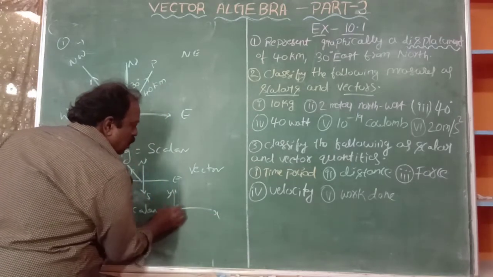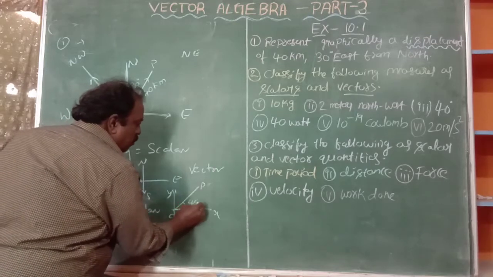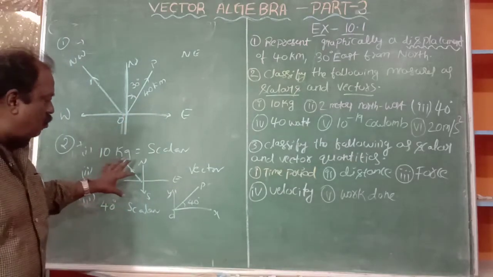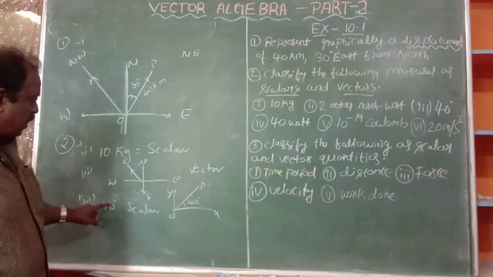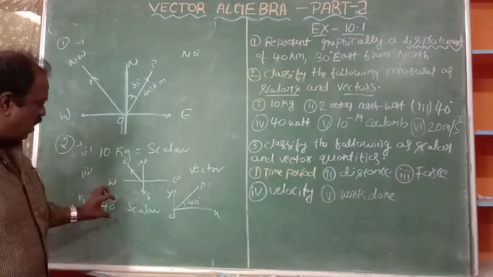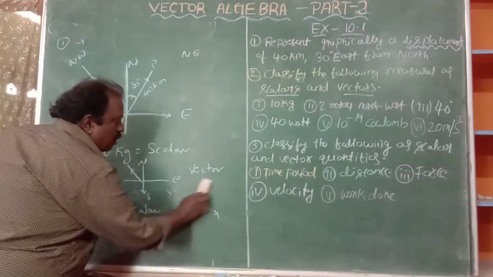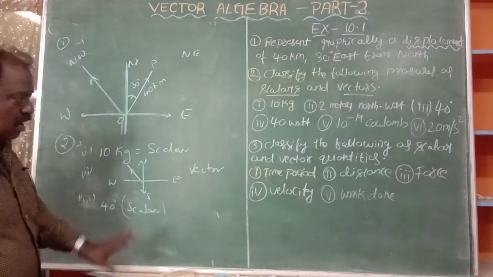It is a line OP, and it makes only 40 degrees. But don't take the OP line, you may get confused. If 2 meters and 40 degrees are given, it is a vector. But we are given only 40 degrees. If you see this diagram, you may get confused. Simply 40 degrees means scalar. You leave it out.